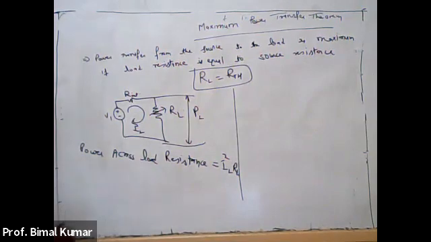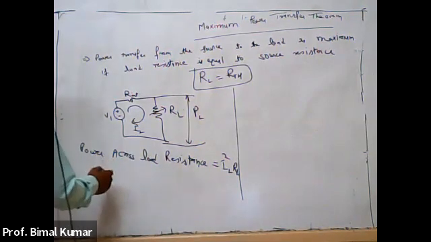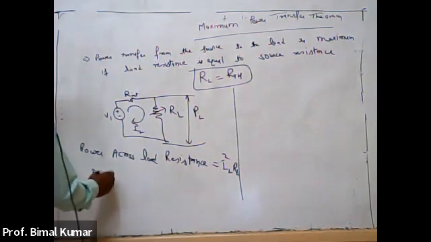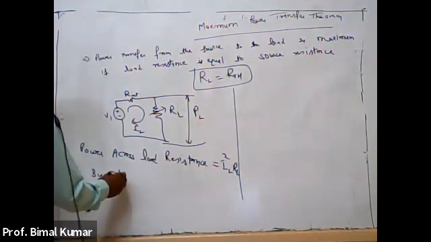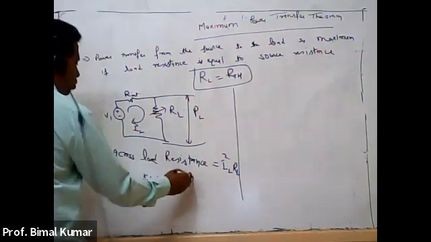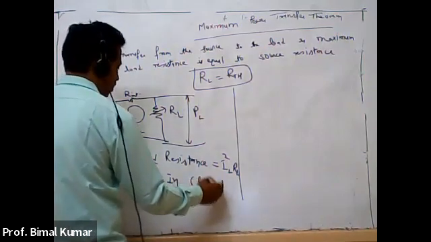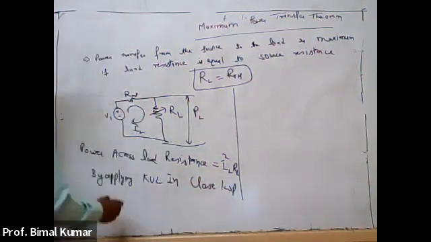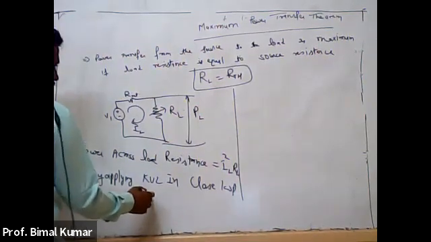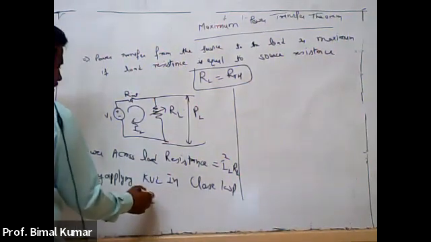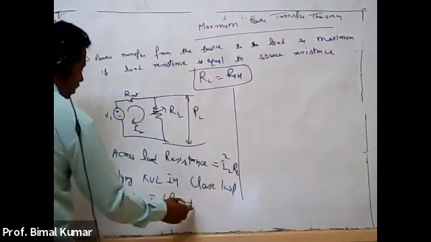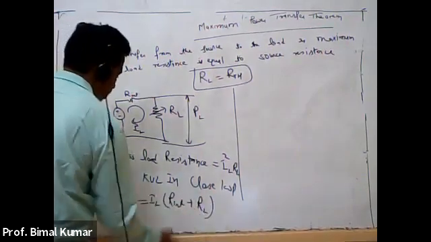Right. Now by applying KVL in the closed loop, V1 is equal to IL into R internal plus RL.